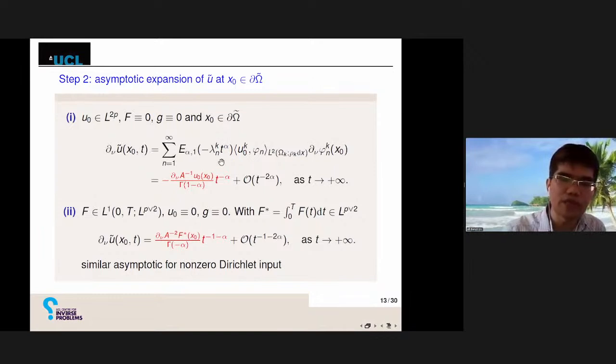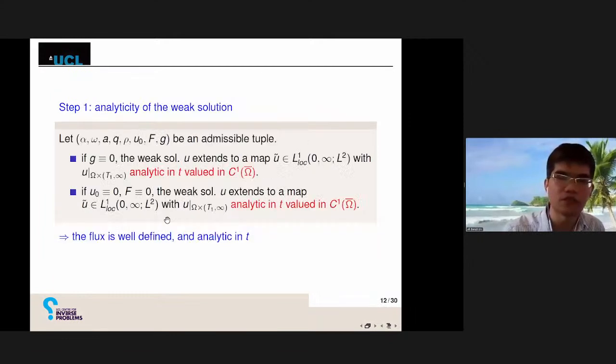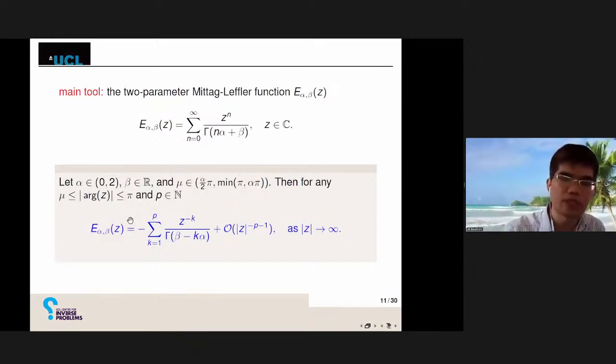At large times, it also has the following very simple asymptotic behavior. It will decay like T to the minus alpha if the initial data is non-zero. And if it's zero, it will decay like T to the power minus 1 minus alpha, up to some constant which is still unknown. That's the second thing. Again, this result just follows from the property of this Mittag-Leffler function.